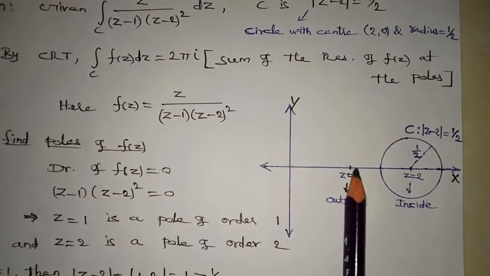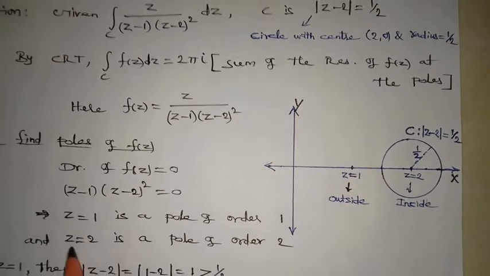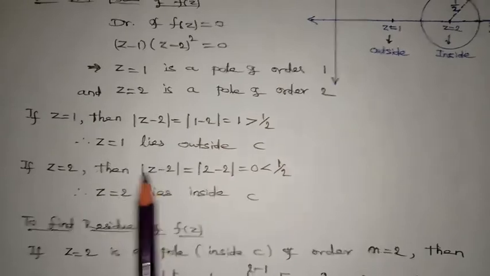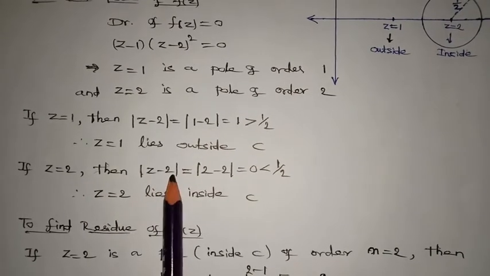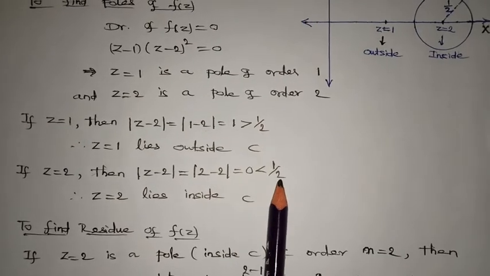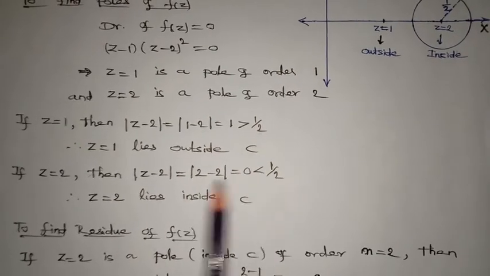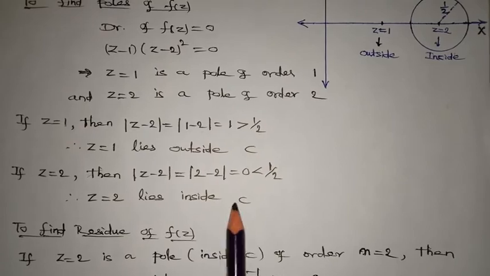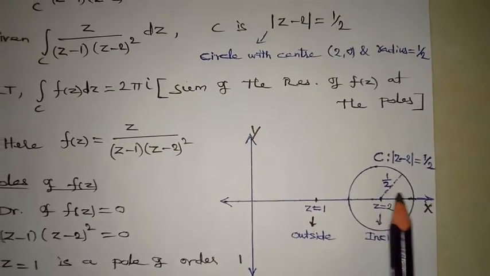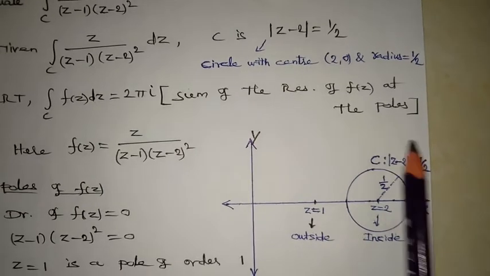So that's why it's outside. Whereas for z equal to 2, if you replace z equal to 2 in the left hand side of C, 2 minus 2 is 0, modulus of 0 is 0, which is less than the radius. So that's why z equal to 2 lies inside C. Look at this diagram. z equal to 2 is here, completely inside C.